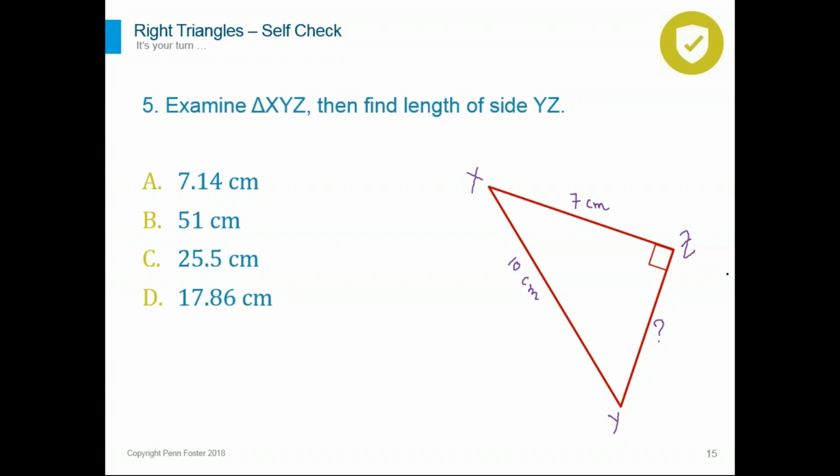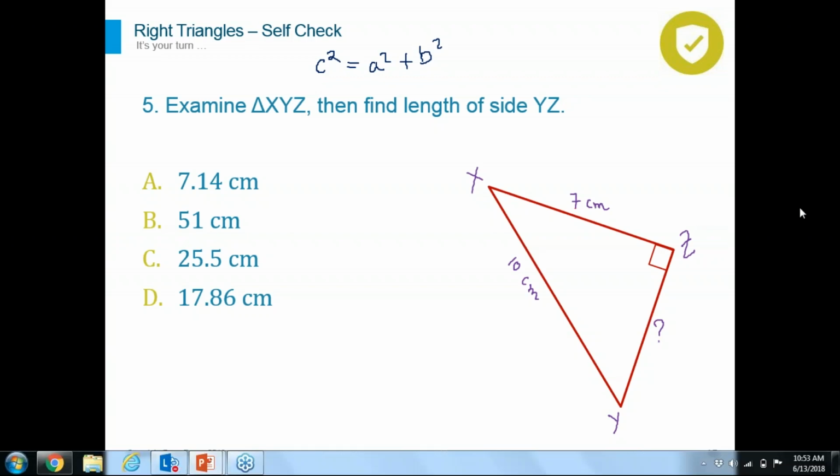Okay, so at this point, you must have been thinking about the triangle being a right triangle. I want to remind you of the formula: c squared equals a squared plus b squared. Where is the c? Where is the hypotenuse? Which one is that, this side or this side? Okay, let's move on to the other screen.